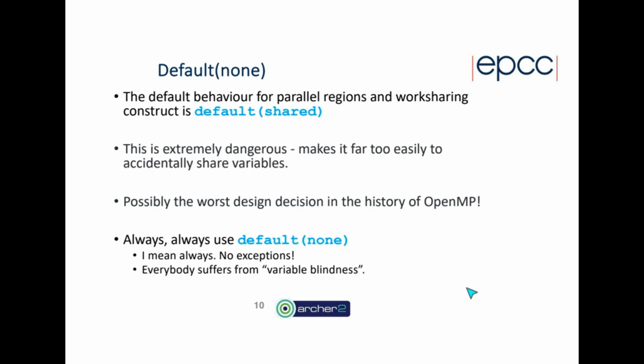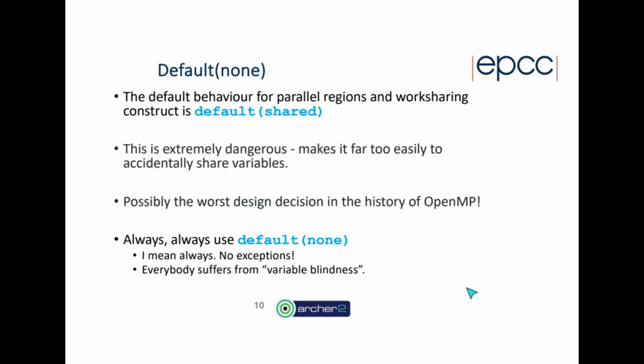They will miss things that are inside if tests. They will miss things which maybe only appear as indexes into arrays or arguments to called functions. So if you think it's easy just to eyeball a piece of code and make sure that you've thought about all the variables, it's actually surprisingly difficult to do that reliably.